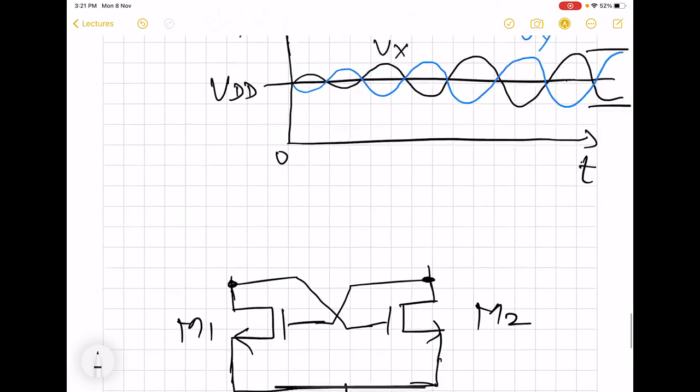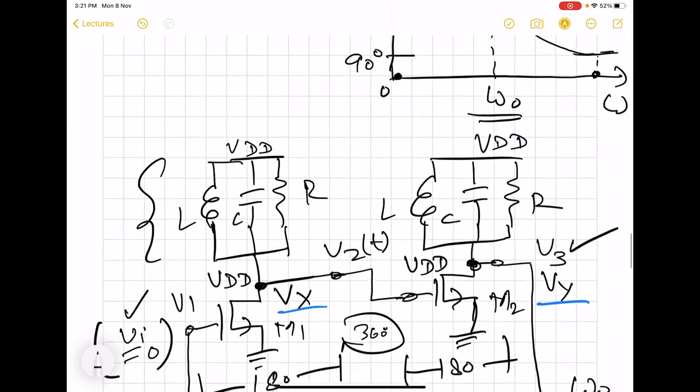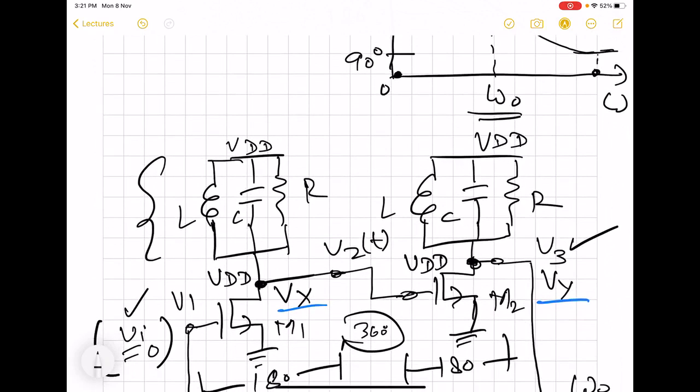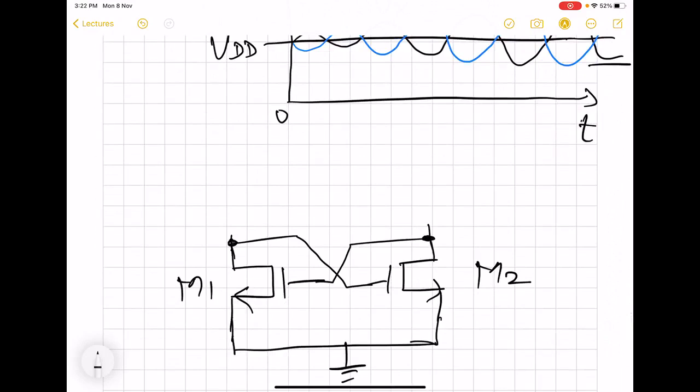Now, what about these RLC? Here we see that one of the ends of the RLC are connected to the respective drain, and the other end is connected to the same supply VDD. So the other ends can be short circuited with each of the respective values. Here we first see that a resistor is connected in this way.